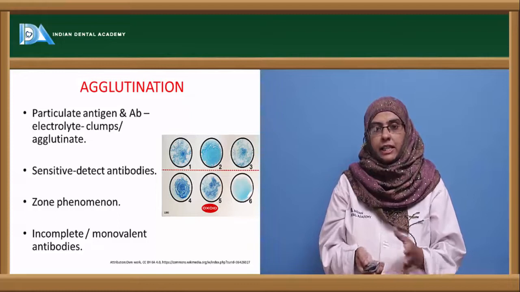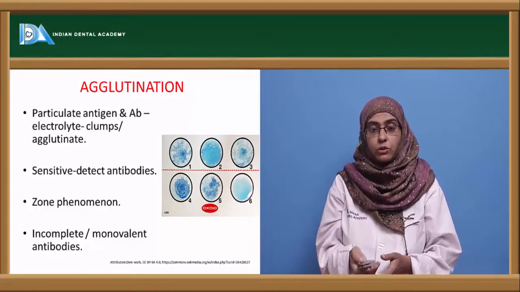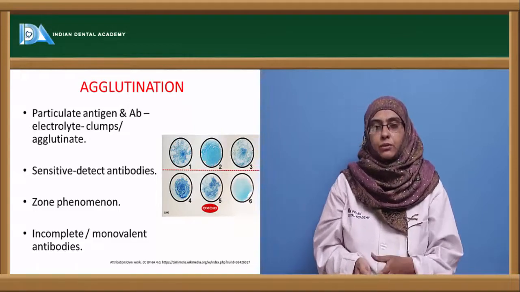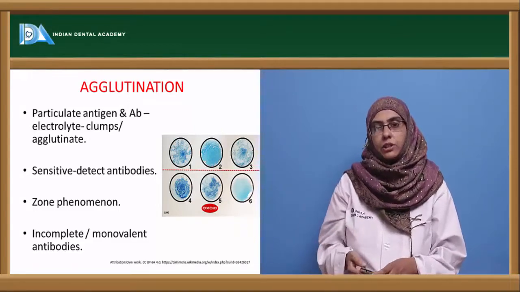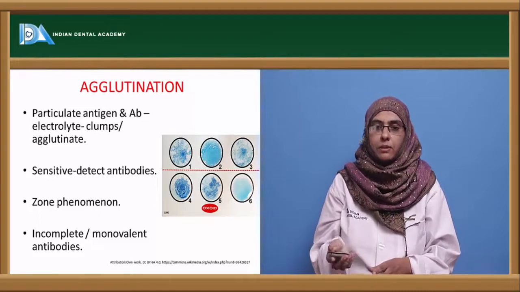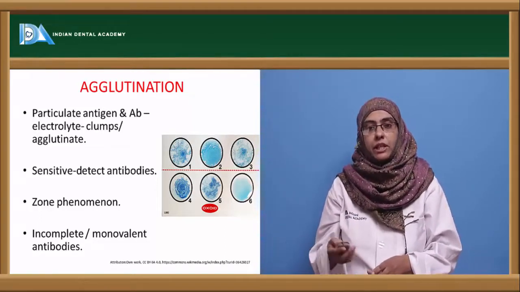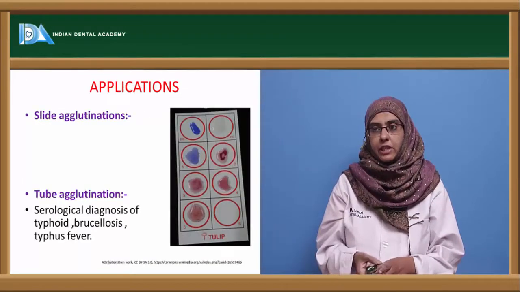Incomplete or monovalent antibodies do not form an agglutination reaction. So the antigen should be multivalent, and the antibody should be bivalent or multivalent, to give rise to agglutination.